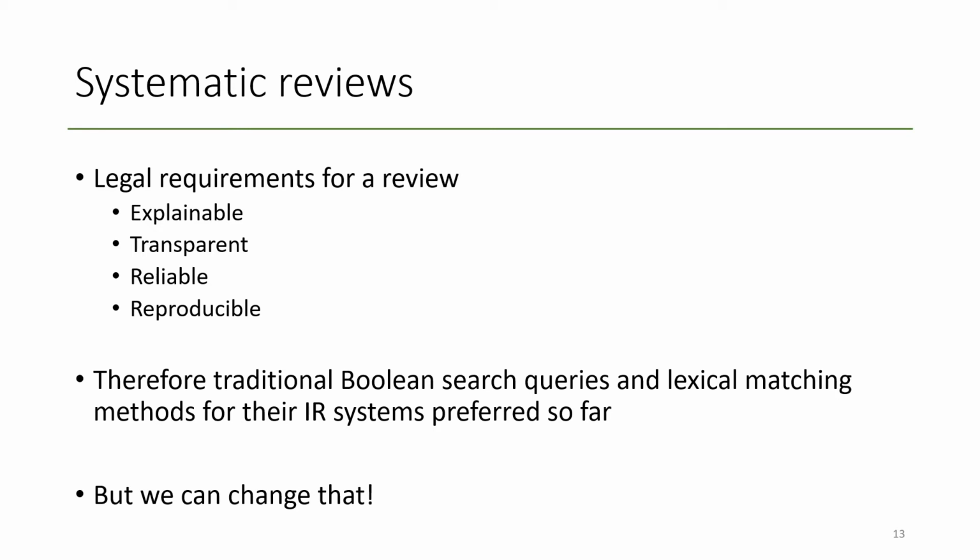But this is also a huge opportunity in this field, because neural information retrieval methods can bring more contextualized knowledge into the search, and can improve the search results. But at the same time, there's the requirement to make the search process explainable and reliable. And this is a very exciting opportunity in this area.